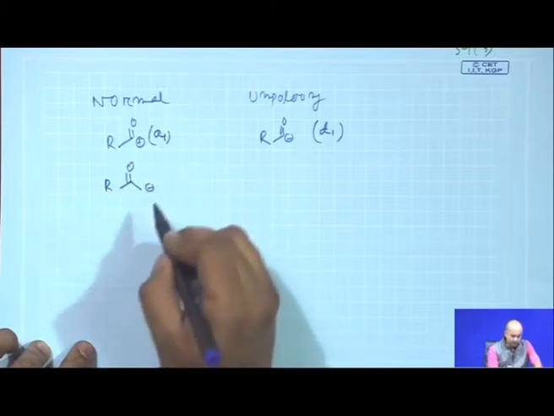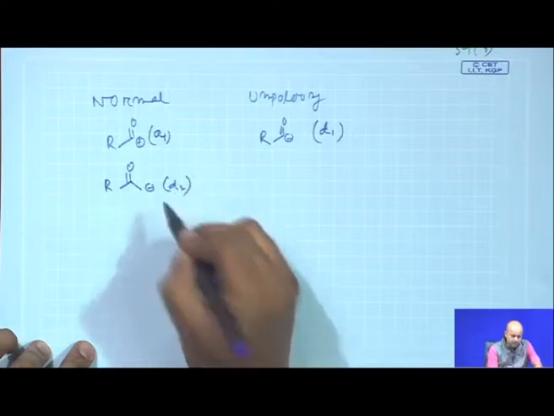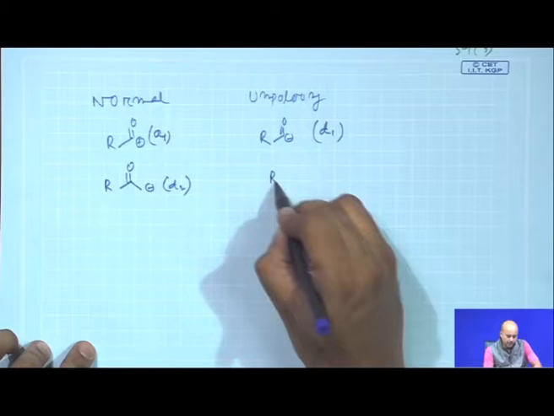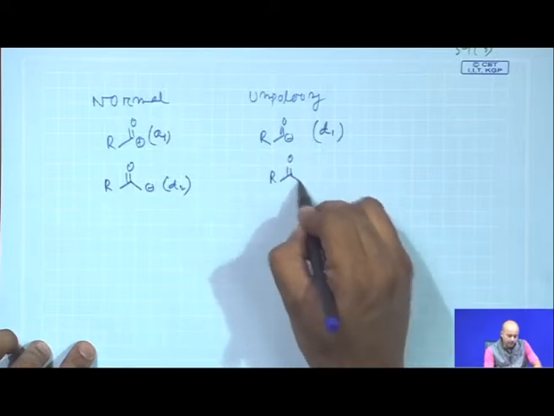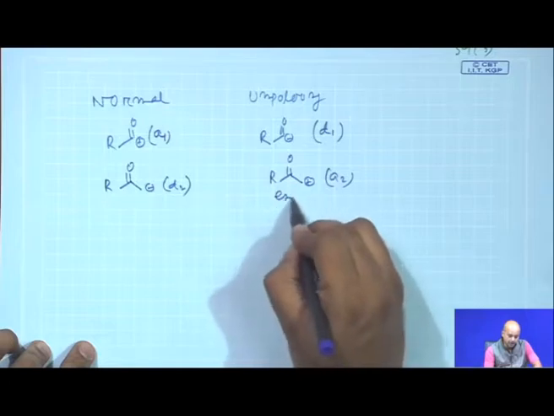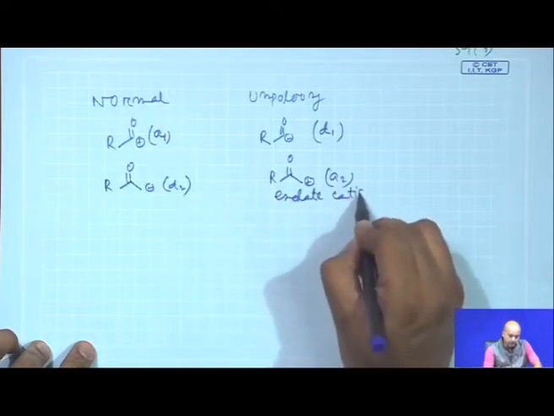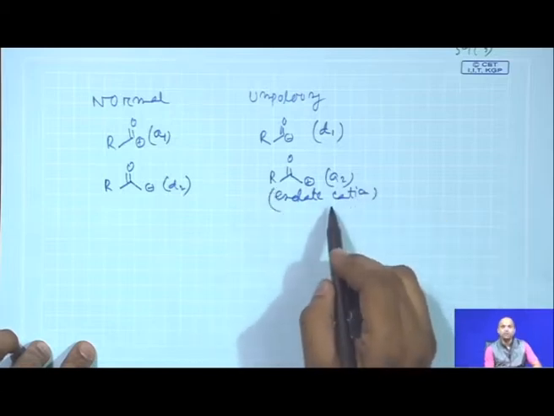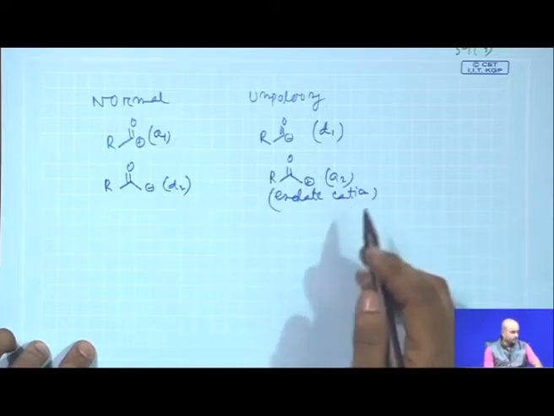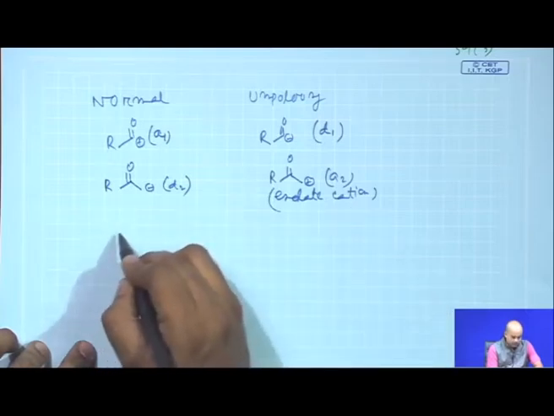Enolate is absolutely known and normal because the charge can be stabilized, but if you have a synthon like this, which we call an enolate cation, it is absolutely not a stable species. So, you say umpolung. There are very few examples, and we are not going to talk about this enolate cation.